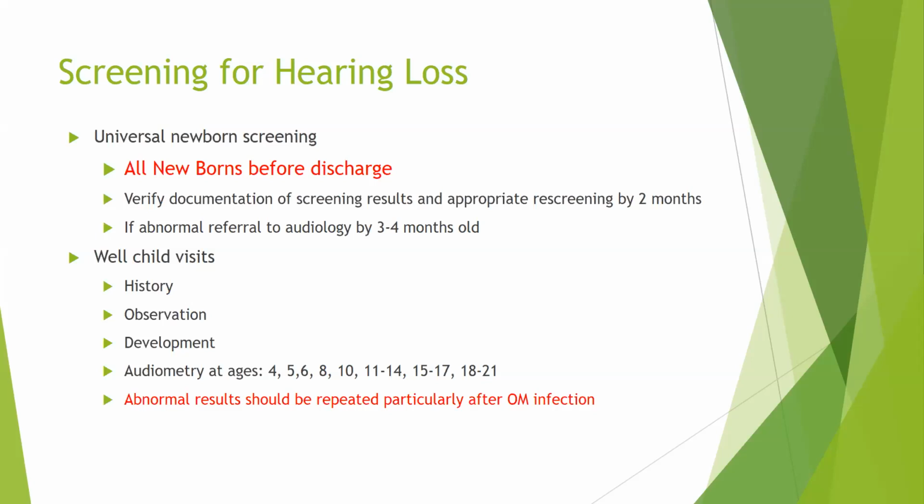So we are always going to perform audiometry on these children, ages 4, 5, 6, 8, 10, 11 through 14, 15 through 17, and 18 through 21. Abnormal results should always be repeated after otitis media infection. So if a patient suffers from otitis media and we have an abnormal audiometry, we want to definitely repeat this after the otitis infection has resolved.